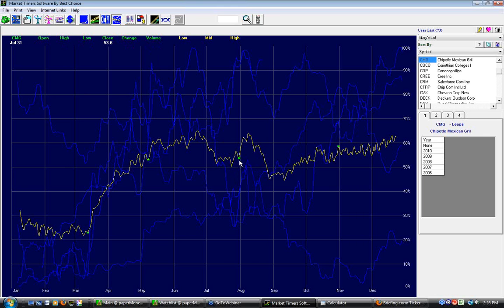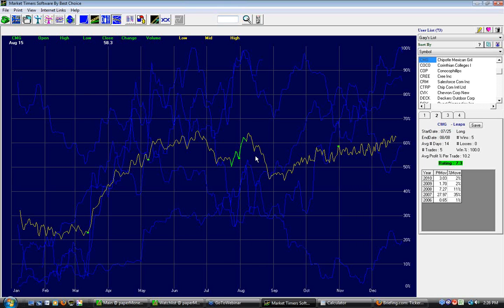You see that little green dot, and it spikes up here in August. Snap that area. This is including 2010. I could get rid of these dates on 2010, but this was a 400% move, and boy, I tell you, it rock and rolled. We made a killing on that thing.